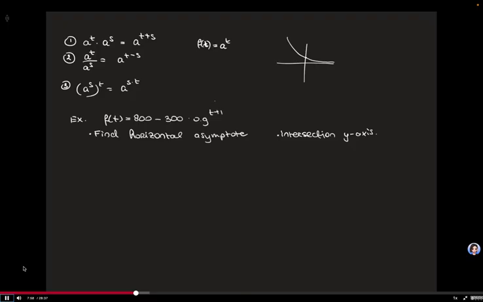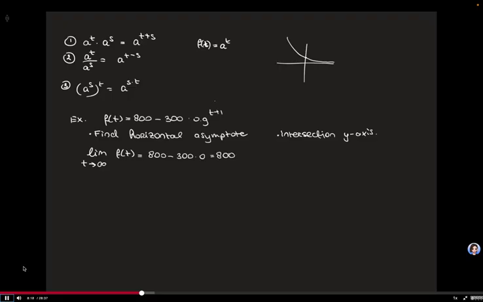And the formal way to write that down is that the limit of t goes to infinity, so that means that we take t really large, of f of t is 800 minus 300 times 0, so that's 800.